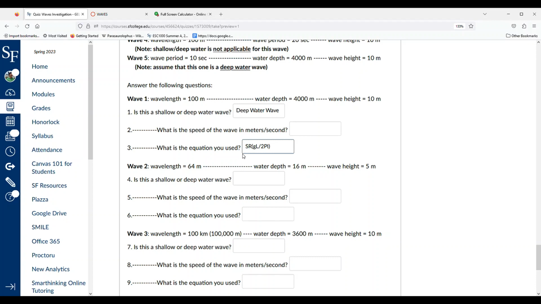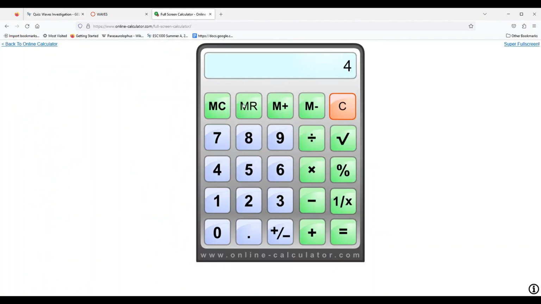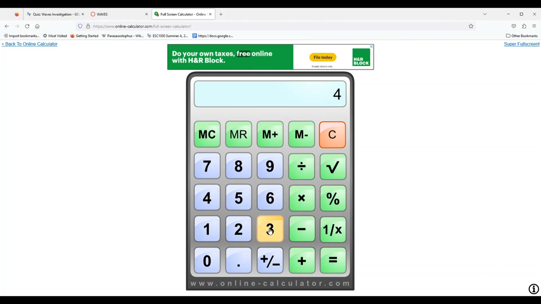And when we do that, we can take 9.8, what's the wavelength, times 100, divided by 2 divided by, and pi is 3.14159, and there's a whole bunch of other digits that I don't remember.